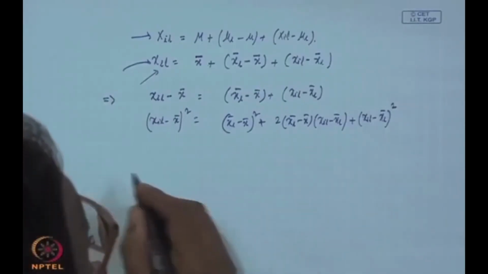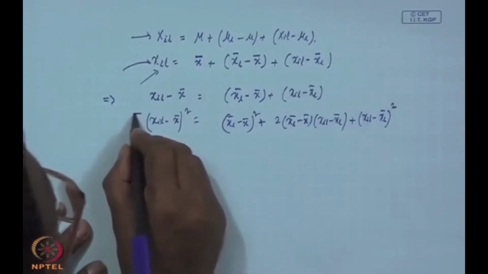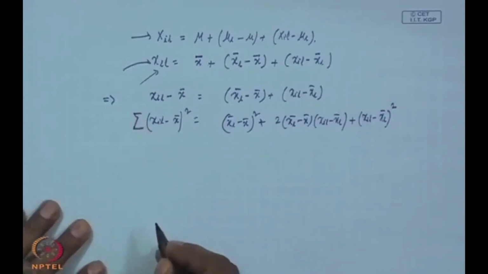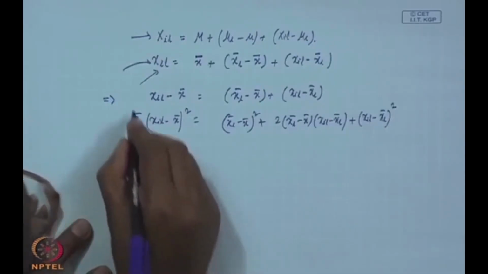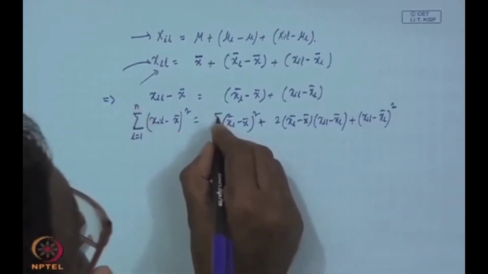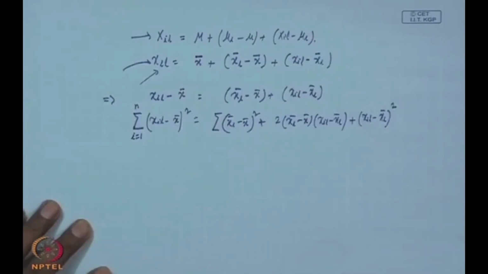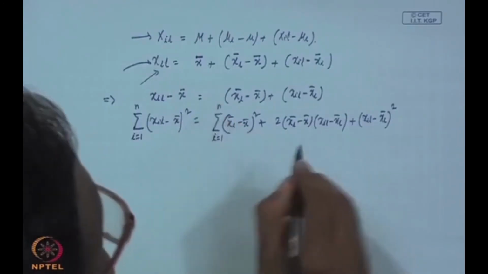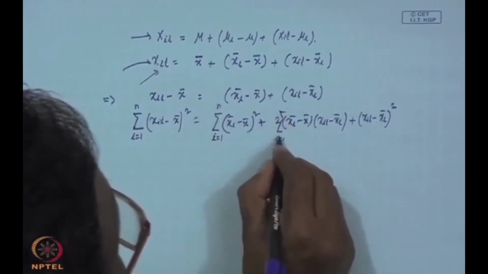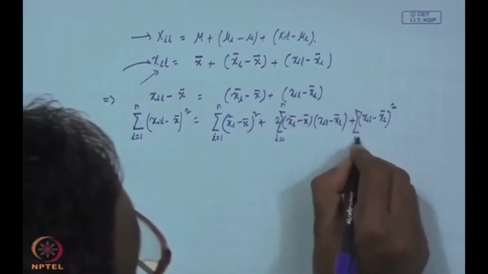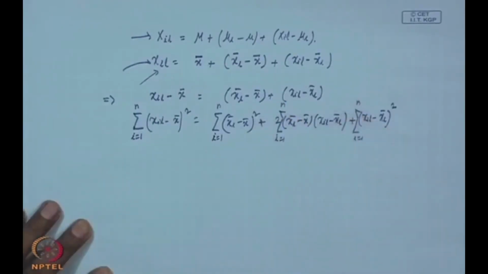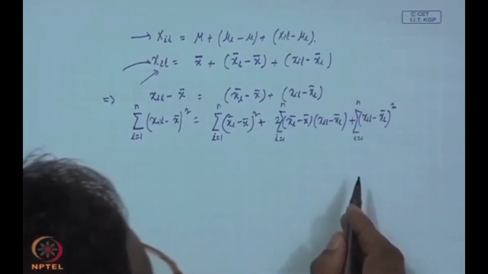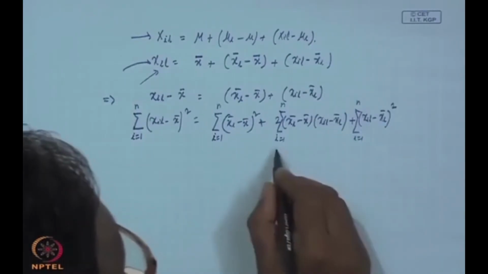You take summation over I, I equal to 1 to n. We are assuming that equal size samples are collected from the L populations. So again I equal to 1 to n on each side. Now, what will happen to the middle one?